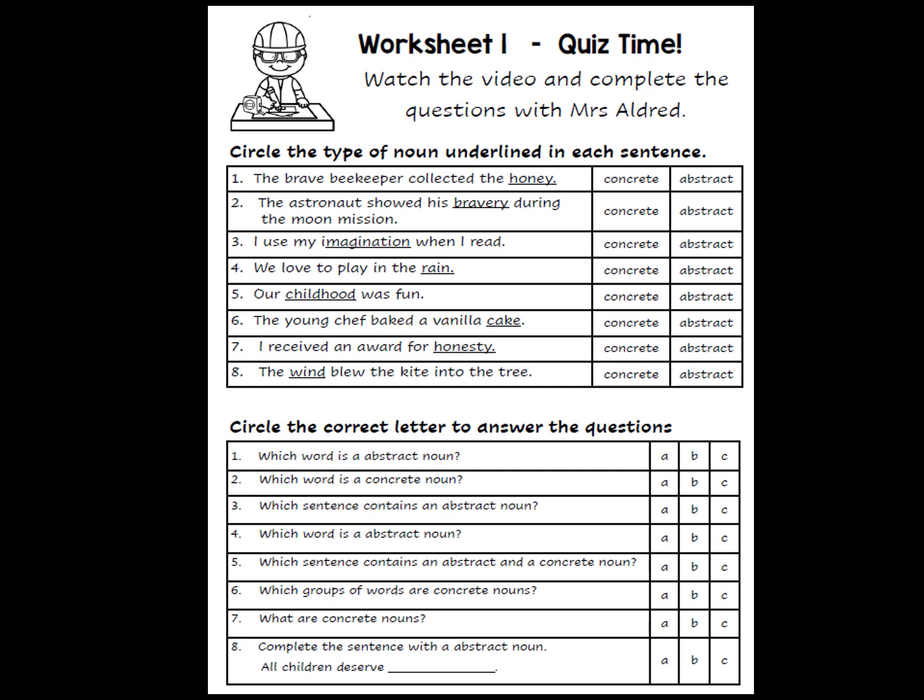In each sentence, you've got to decide if the underlined word is a concrete noun or an abstract noun. If you've got the worksheet, just circle the word either concrete or abstract beside the sentence, or if you haven't got the worksheet, just put number 1 and you can write the word concrete or abstract.